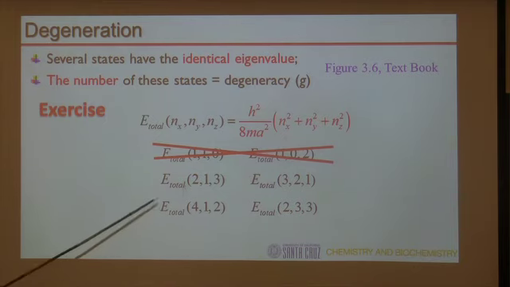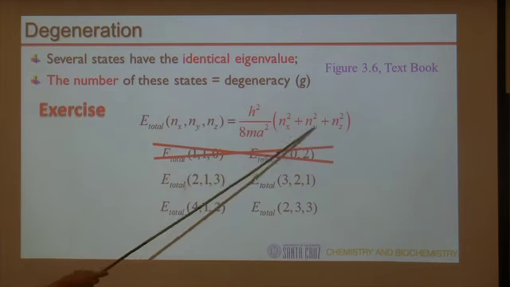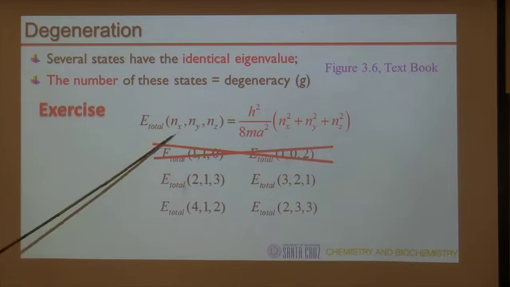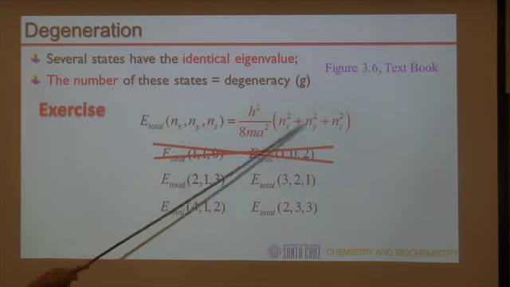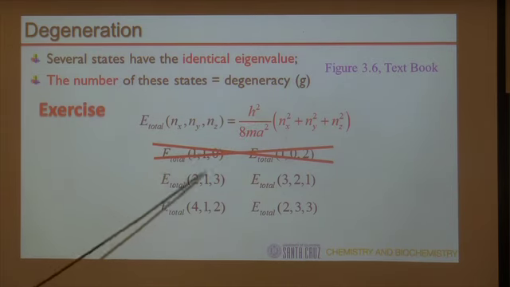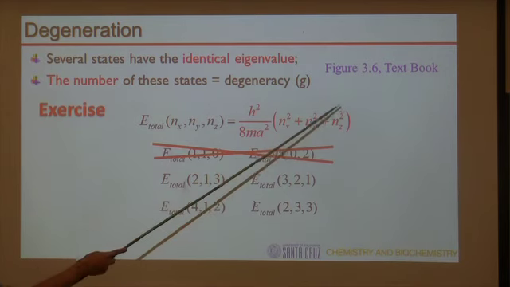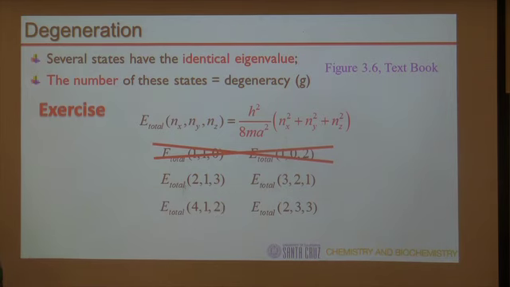Anyway, you plug in n: nx equals 2, ny equals 1, nz equals 3. By the way, how could you know this is nx, this is ny, this is nz? By the definition here, nx, ny, nz. So you plug in the 3 numbers here and the 3 numbers here, and you will figure out that this part for the 2 energy levels is the same.